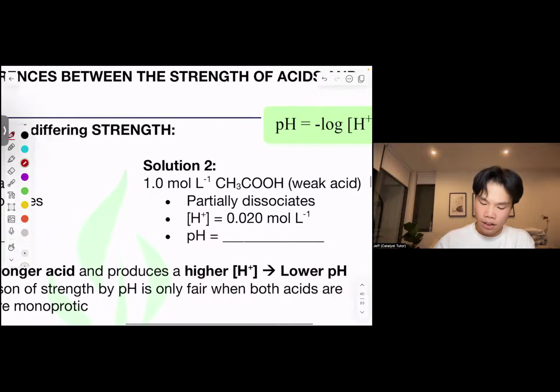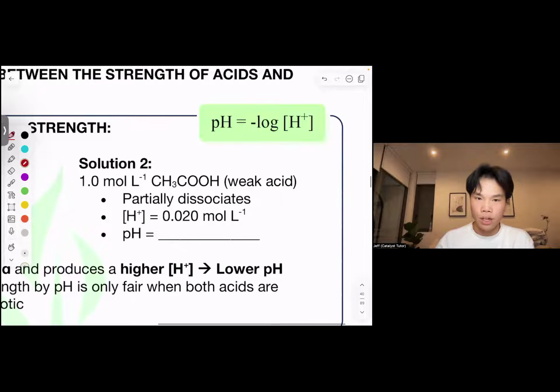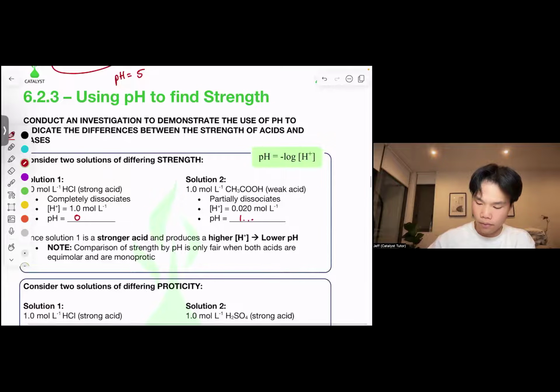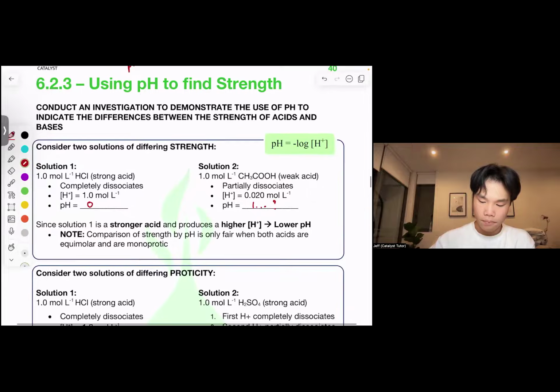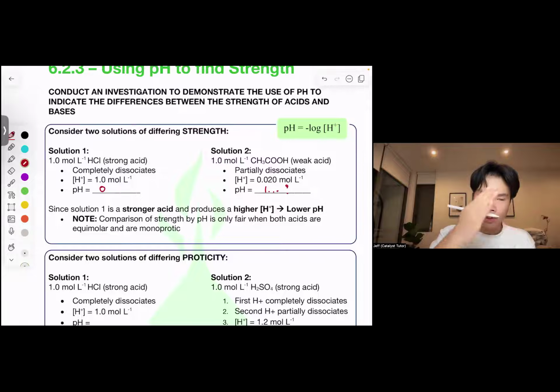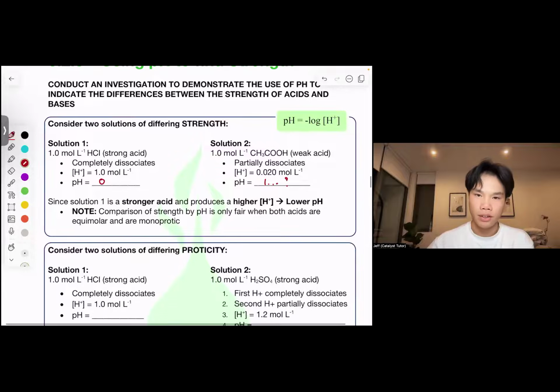And if you have an acetic acid solution, which is of the same concentration but much weaker, you might only have 2% dissociation and get 0.02 mole per liter, something which would have a greater pH, something of 1 point something. So that's the first thing. Acids that are stronger will have a lower pH than an equimolar weak acid. First understanding.